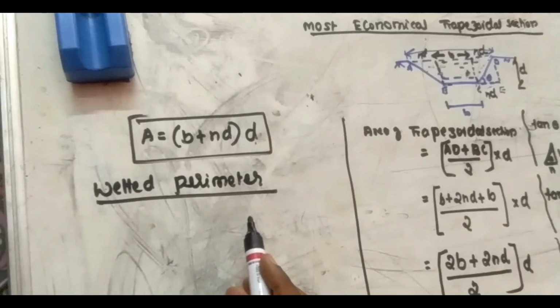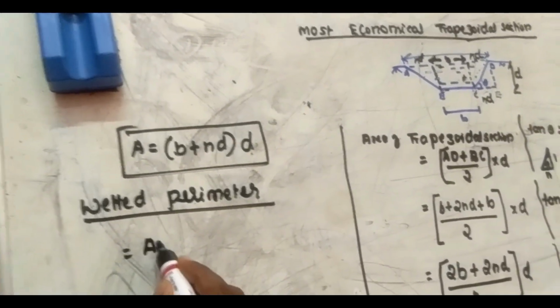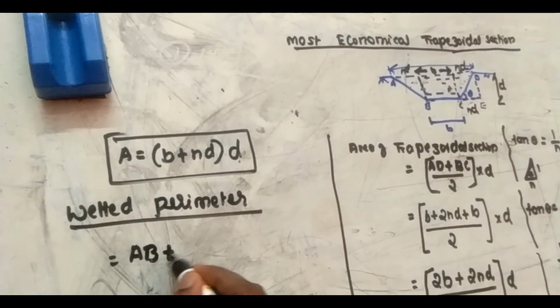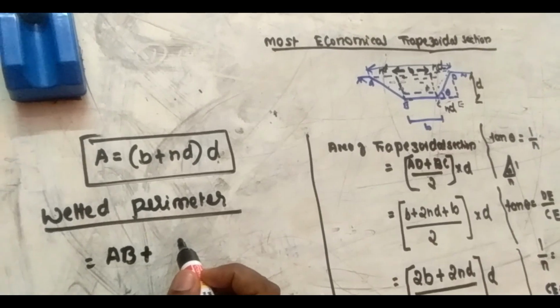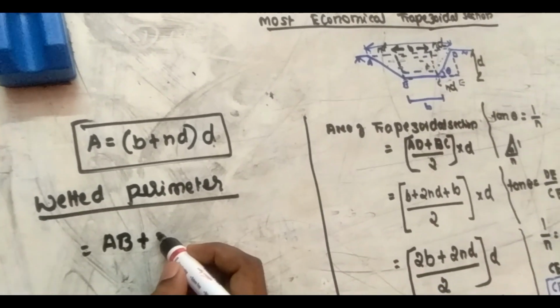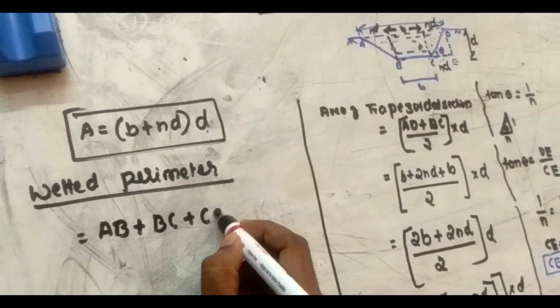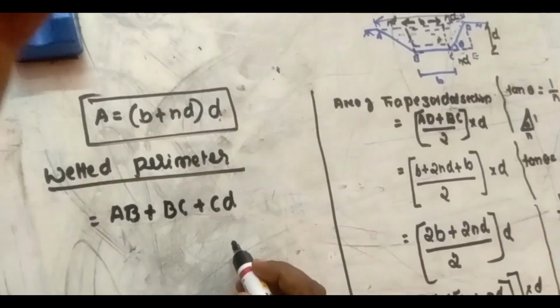So the wetted perimeter is AB, BC and CD, where water is contacting the canal surface. That is called contact to canal surface, and that is called the perimeter. AB plus BC plus CD, correct?